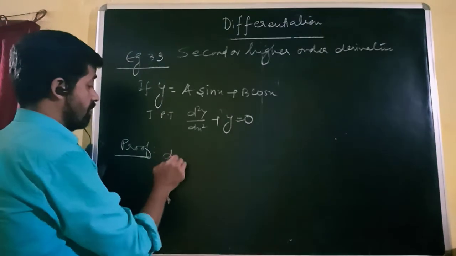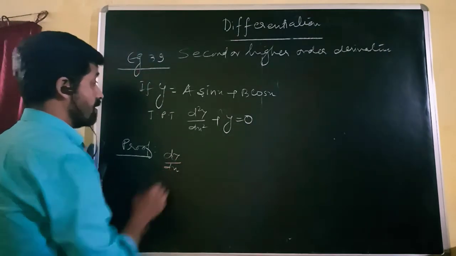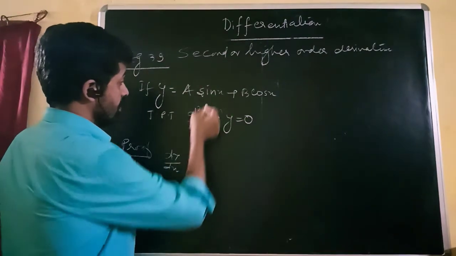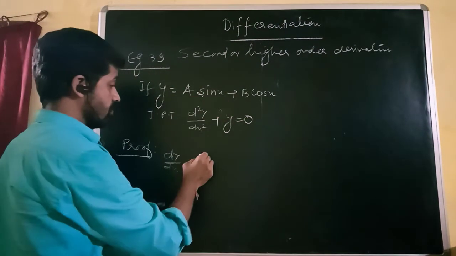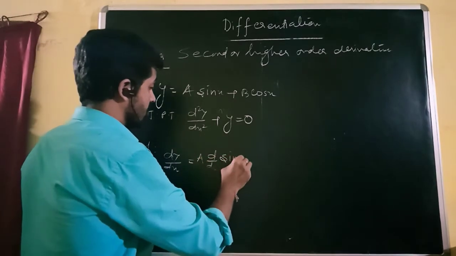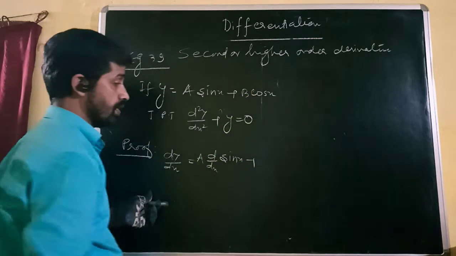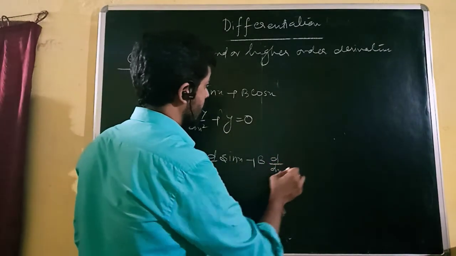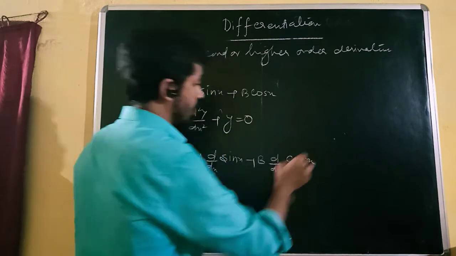So dy by dx, that means differentiating with respect to x, both the sides. Now a is a constant, so it will be there. Then d by dx of sin x, and likewise b is a constant, so it will be there, and d by dx of cos x.